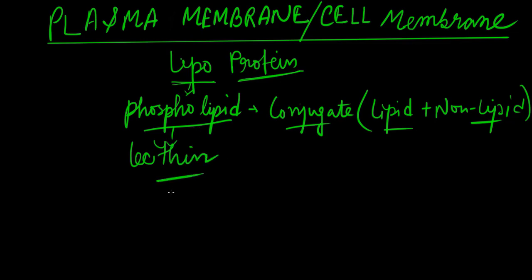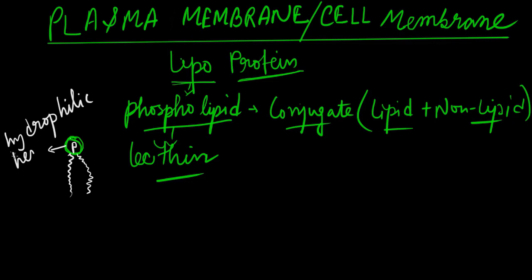So of the phospholipids, in our syllabus we have lecithin only. Lecithin is a phospholipid. If I show you the structure of lecithin, you will find a rounded head-like structure and also a chain-like or tail-like structure. This rounded part is the phosphate part, and this part loves water, so we call it a hydrophilic head.